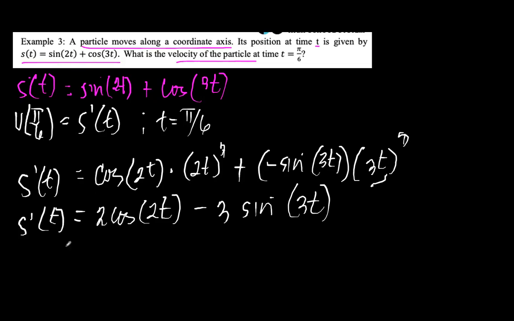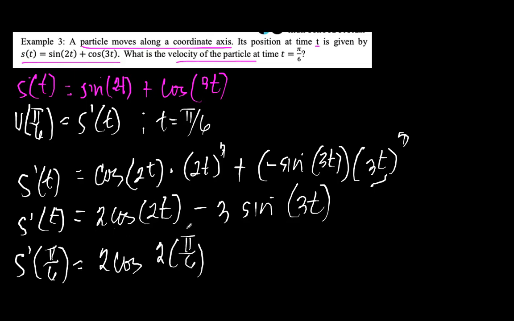So this is now the velocity in general form. However, we need to identify the velocity of the particle at time t equal to pi over 6. So s prime of pi over 6 is equal to 2 cosine (2 pi over 6) minus 3 sine (3 pi over 6).